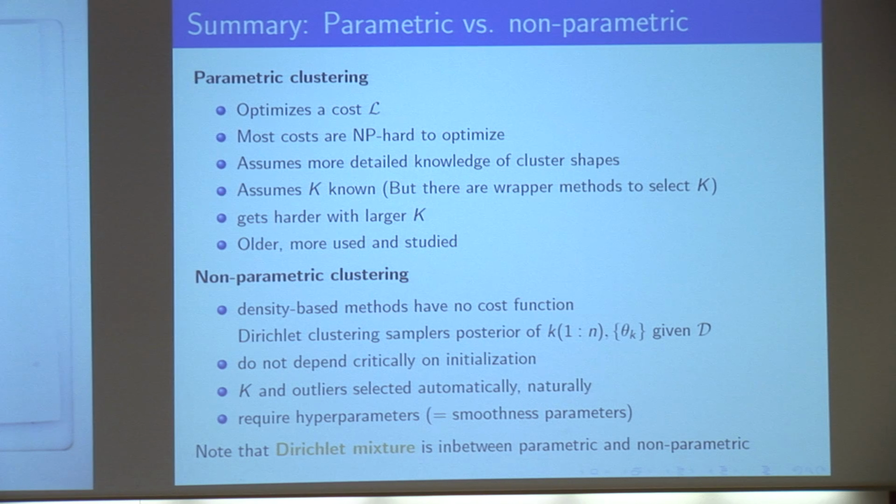Also, because they are more useful when I have more data. That's when I really want to get more information from the data that the non-parametric framework lets me get. So there's this conflict: I want to use them for lots of data, and that's when they are slow.